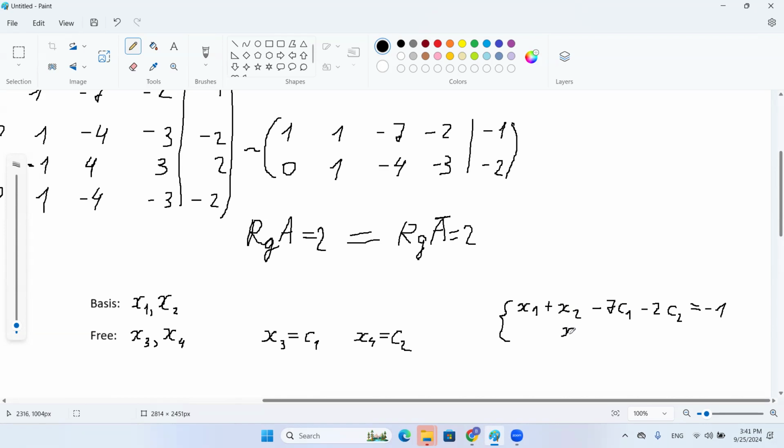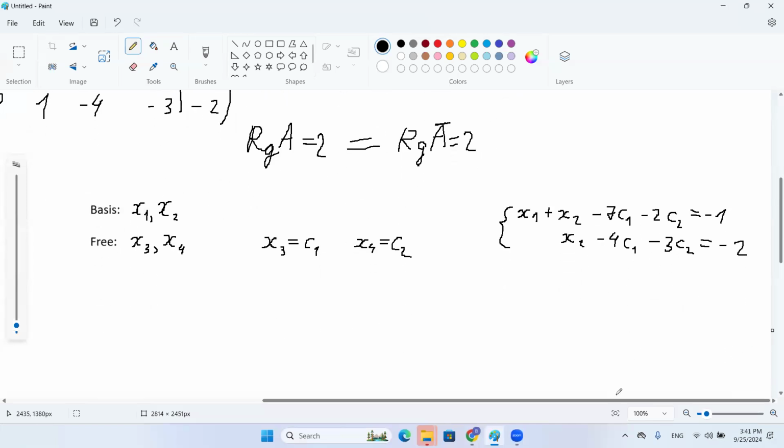And x2 minus 4c1 minus 3c2 equals minus 2. And now we need to solve this system. So we need to express x1 and x2 with c1 and c2. So x2.